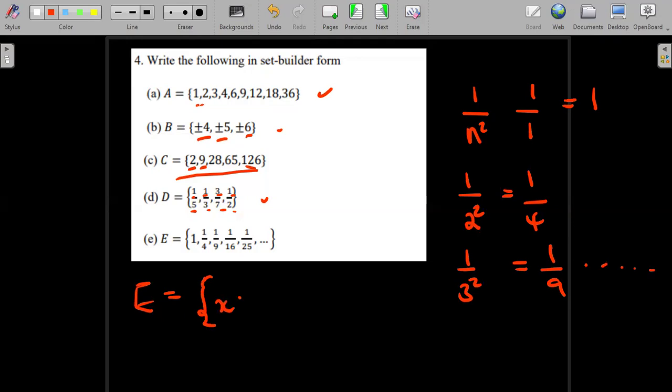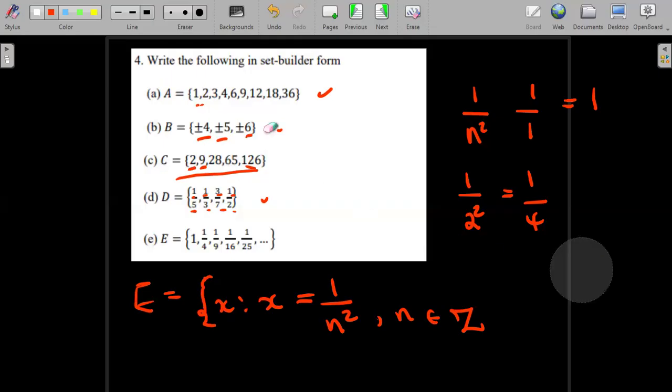So we see that the set E is just going to be the set of x such that x is given by the equation 1 over n squared, where n is a positive natural number. Let me just erase this here. So it's a positive integer, or a natural number.